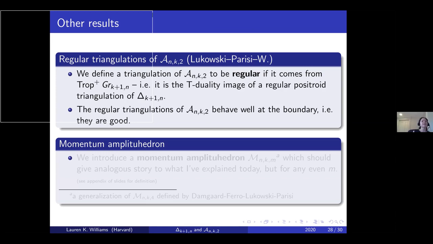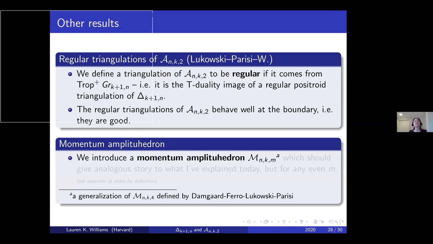I'm not going to say very much about it, but I'll just say that one thing that we do in our paper with Tomek and Matteo is to introduce this object called the momentum amplituhedron, which is a generalization for even m of the object M sub n,k,4, which was previously defined by Damgaard, Ferro, Lukowski, and Parisi.